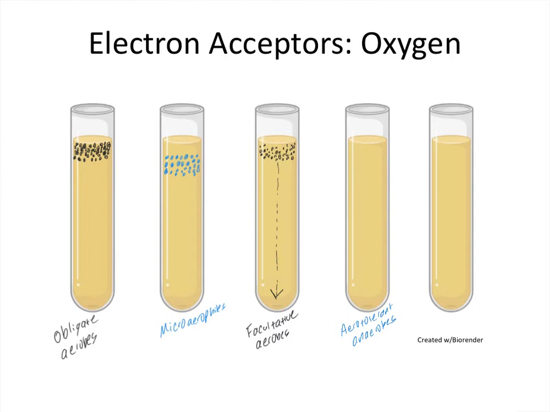They will grow best down towards the bottom of a culture because they prefer not to be around oxygen. However, they can also grow in other places in the broth culture, even near the top, even if not in very high quantities, because the presence of oxygen will not kill them. So they can be around oxygen, they're never going to use it, but they can tolerate it.